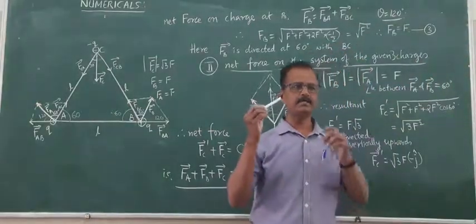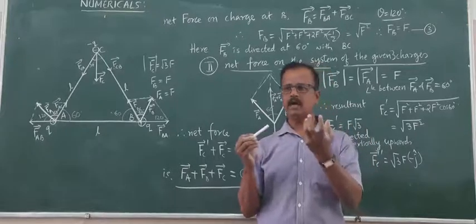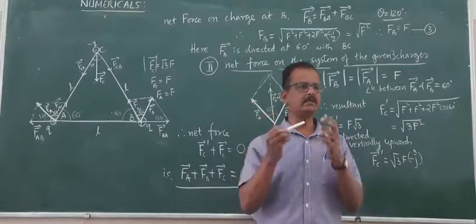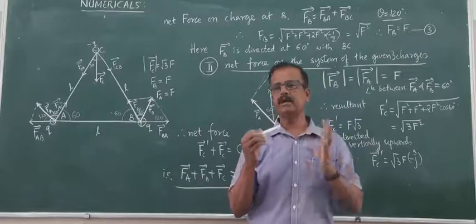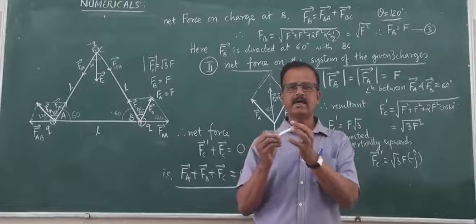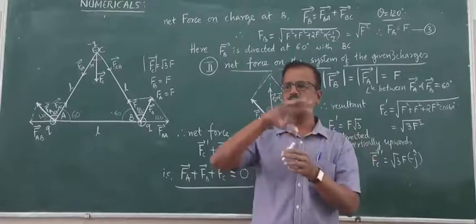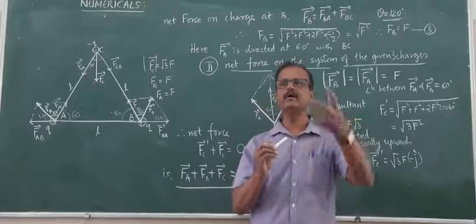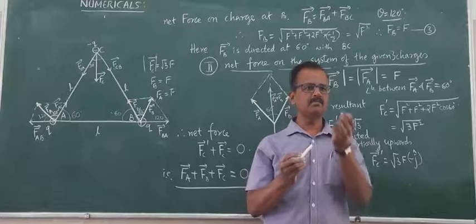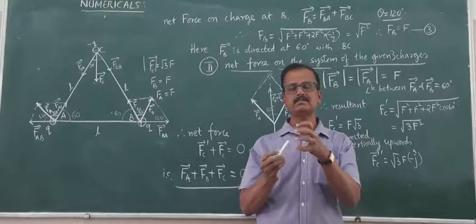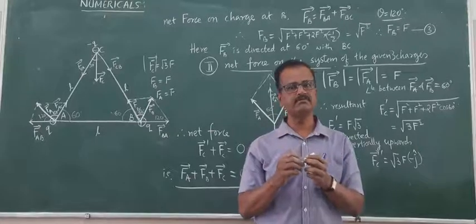When this bar magnet is brought in the vicinity of pieces of iron or iron filings, suddenly it will pull the iron filings and the iron filings will be attracted towards the magnet. So this magnet has its own space of influence, its own volume of influence around it, in which the iron filings or piece of iron will experience the magnetic force of attraction.